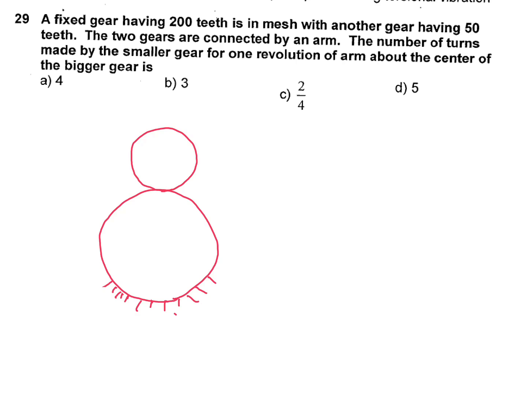Two gears connected by an arm. This is the arm. Let this one be gear 1, gear 2, and arm will be numbered as 3. This is arm.